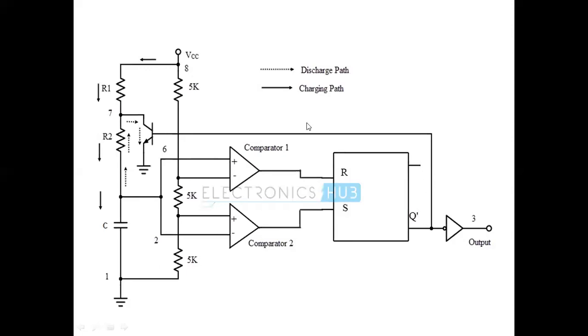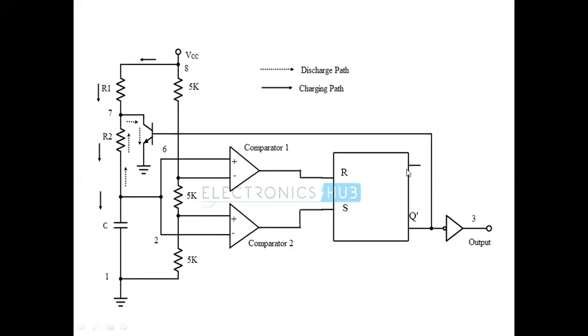So 0 means the transistor will be off and the capacitor charges towards VCC by using the resistances R1 and R2. While charging, when it reaches the point that is greater than 2 by 3 VCC, and here we have a constant voltage 2 by 3 VCC, then the output of comparator 1 becomes high and it resets the flip-flop.